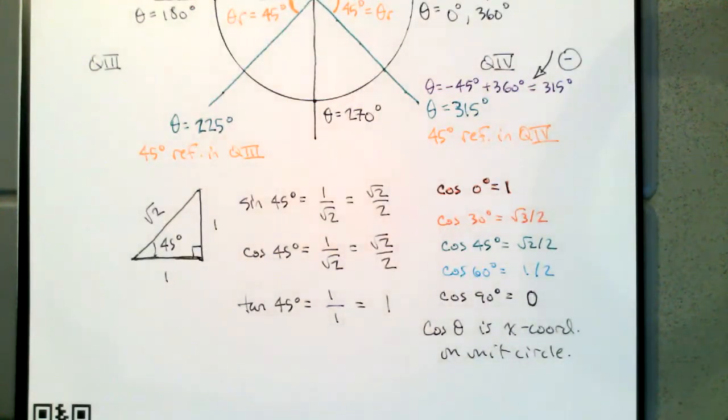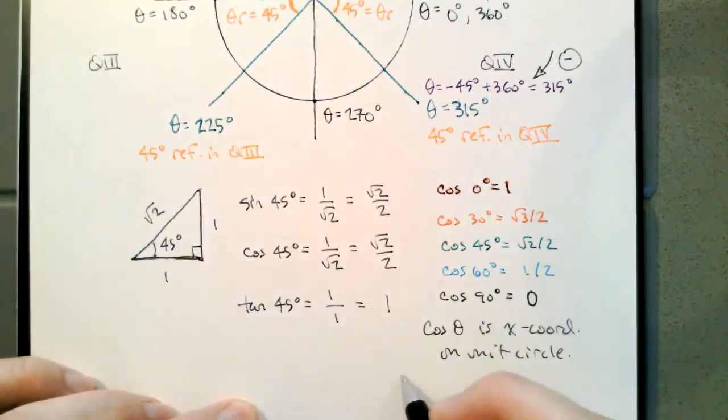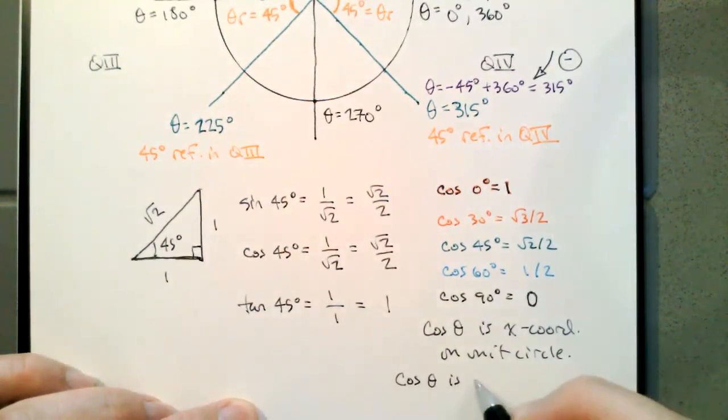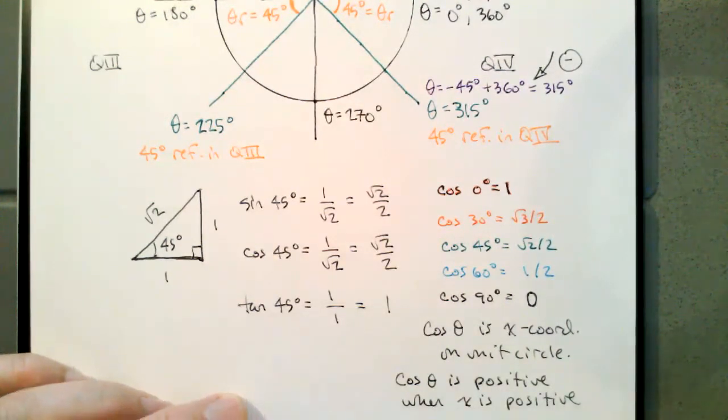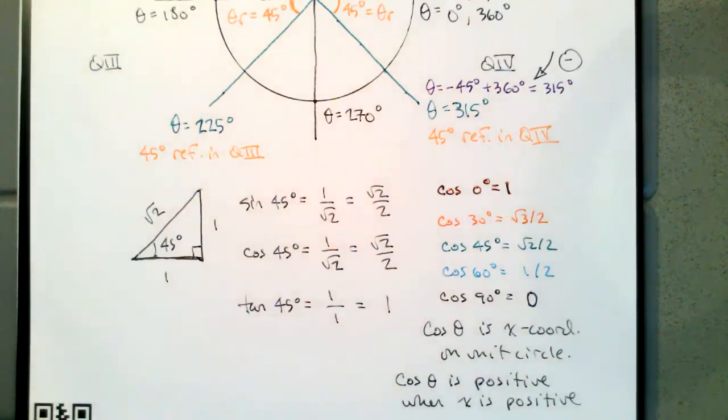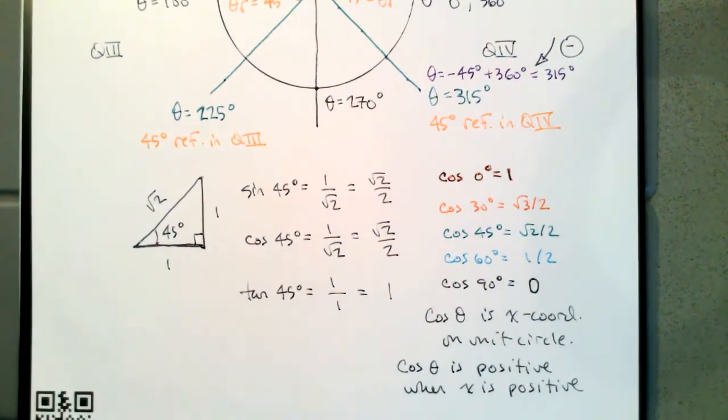So the association that we want to make is that cosine of theta is going to come from the x-coordinate on the unit circle. This tells us that cosine of theta is positive whenever x is positive.